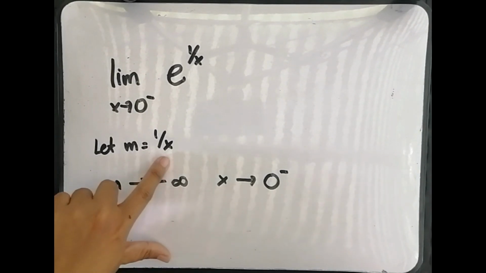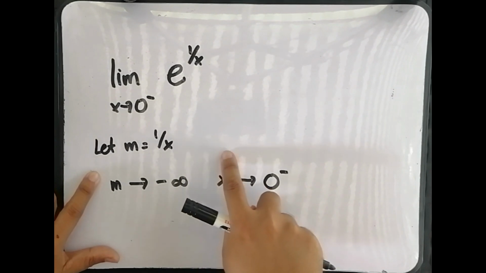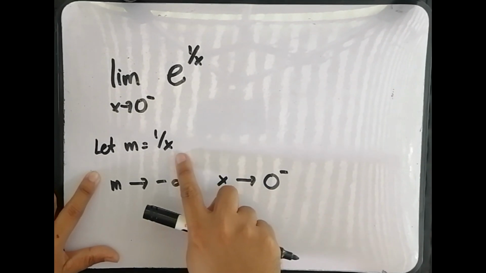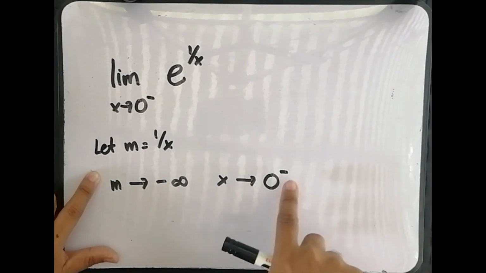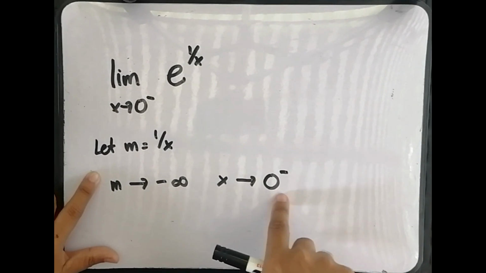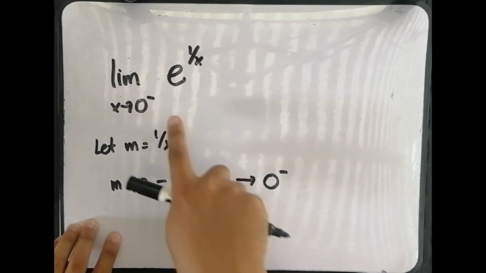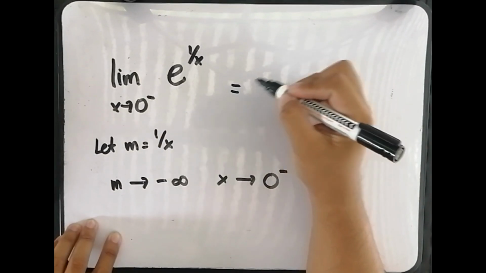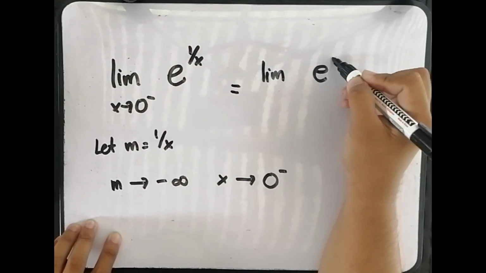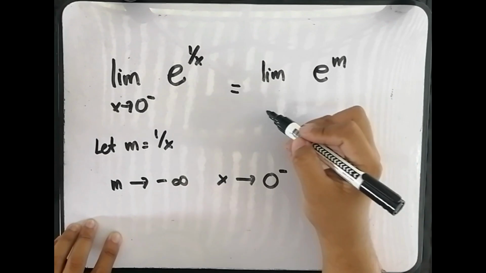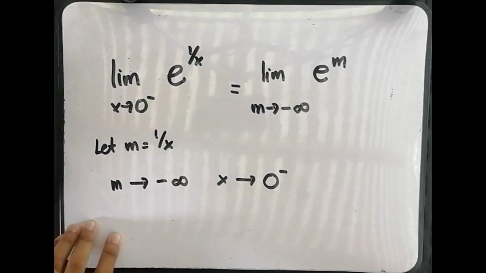Diba kapag itong x na ito ay ginawa nating mga negative yan, pinaliit natin ng pinaliit yan, okay, na negative values, yung x natin ngayon, dumadaan naman siya kay negative values, pa-approach kay 0. Therefore, pwede natin ngayong palitan ito ng the limit of e raised to m as m approaches negative infinity.